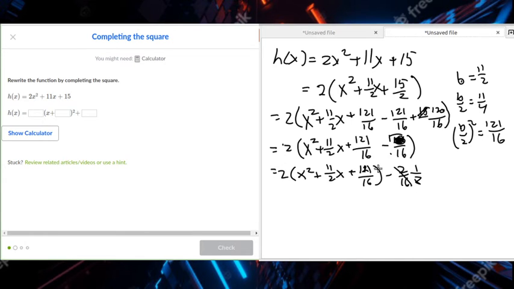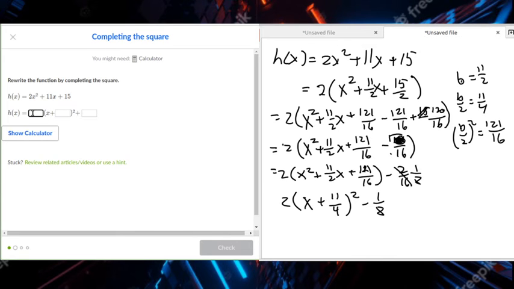So now we're going to have this b over 2 form here, which is x plus 11/4 squared minus 1/8. So that's where we're going to end up here. Here we go. Let me check this. Got a couple of errors on this. Okay. We've got 2 more to go.